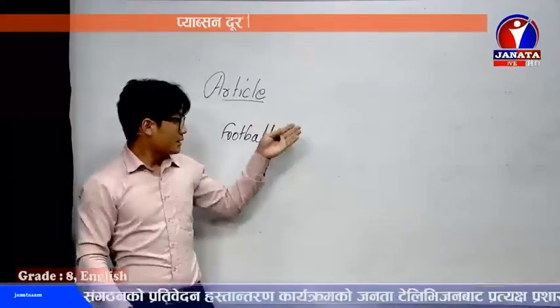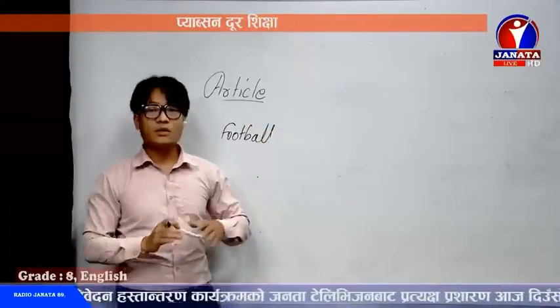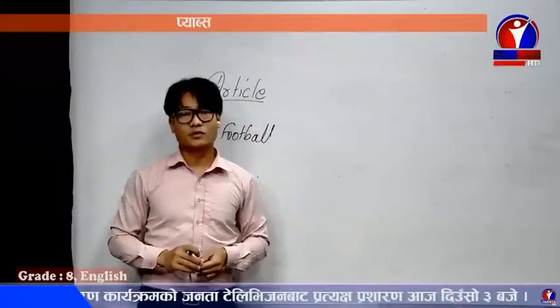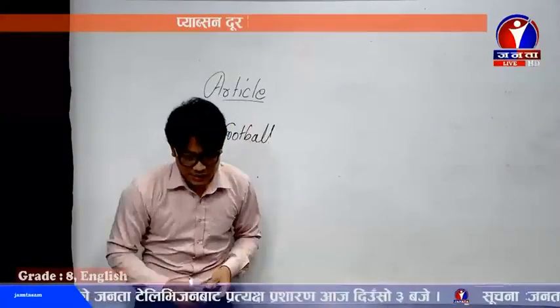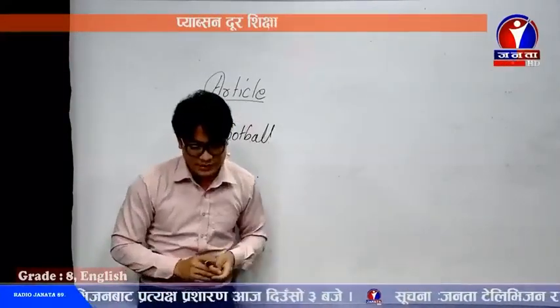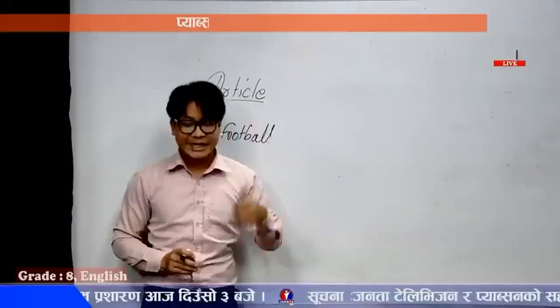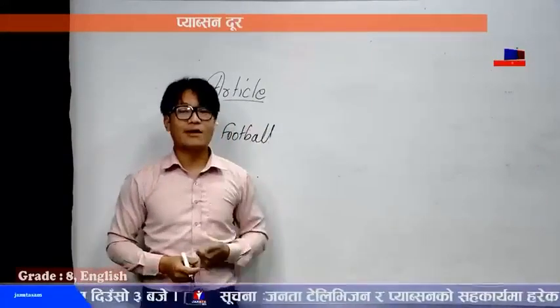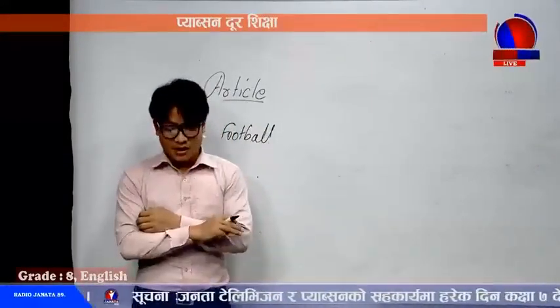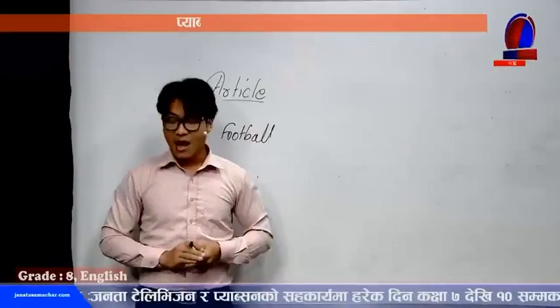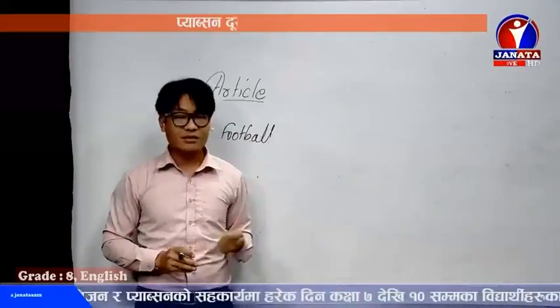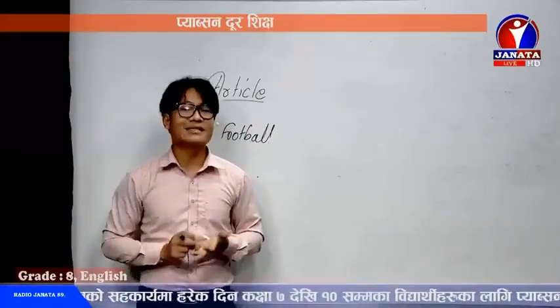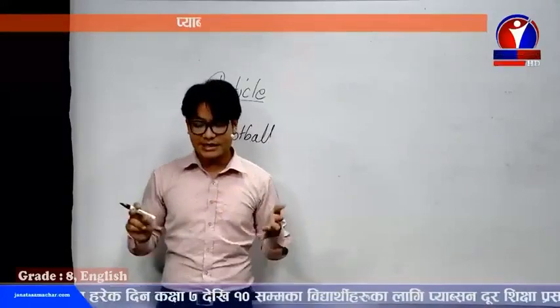So you can see these are all the nouns which do not take any article. Another is game and sport, which we just discussed. Academic subjects: English, Nepali, math. These nouns do not take any article. Next is language: Nepali language, English language, Indian language.